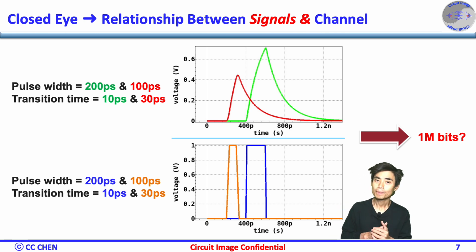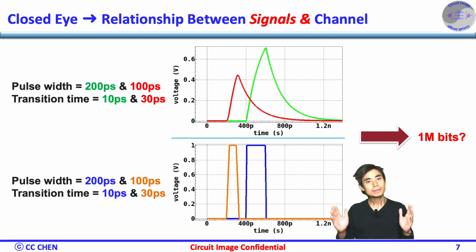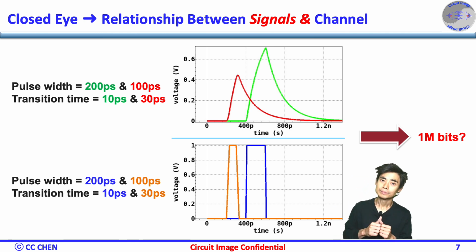loss channel. For example, you can see a sharper transition time over a wider pulse width of a single shot may have a higher pulse amplitude at the main cursor than the slower transition time over a narrower pulse width.